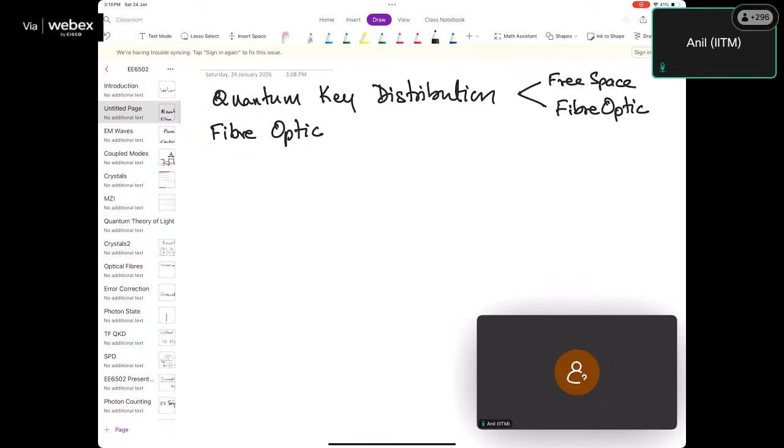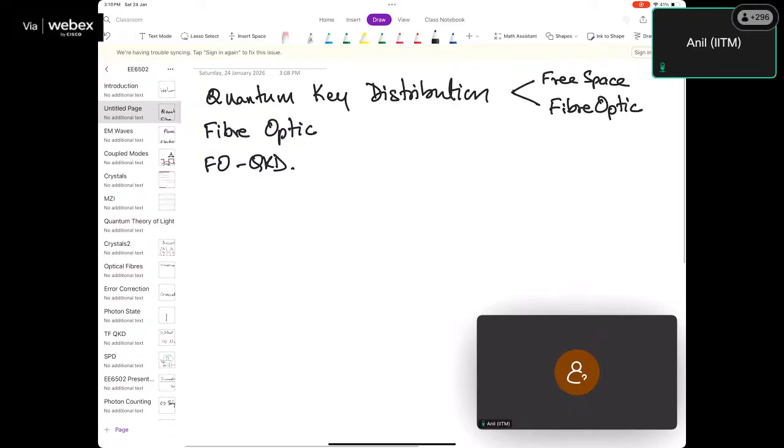Now, to understand fiber optic quantum key distribution, which we'll call FOQKD, we need to first understand fiber optics. Right? And so I will start there with a very simple diagram of how light propagates down a fiber.